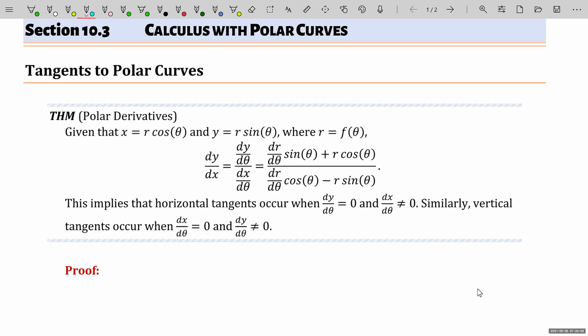review of polars and polar equations, polar curves, that type of thing. In the section corresponding to 10.3 in the MyOpenMath website, there are 2 prerequisite videos.